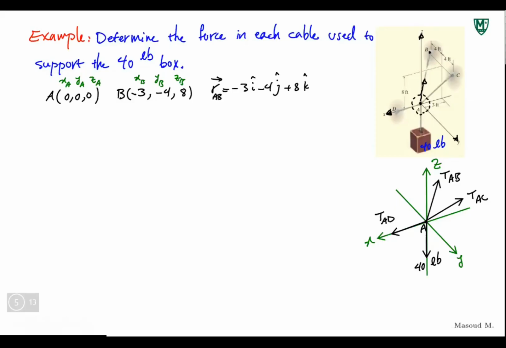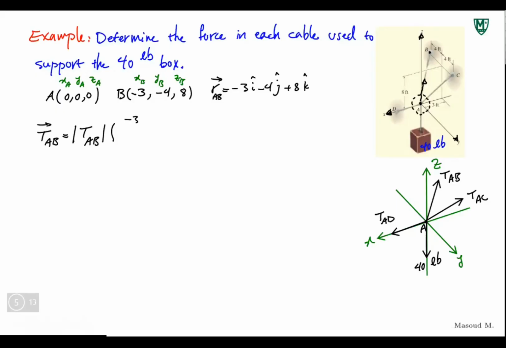Now to make the unit vector, we just divide this by the magnitude. And the magnitude is the square root of the sum of the squares of each element in this vector. Now I'm just going to write everything at the same time. TAB, the force along AB, is the magnitude of TAB, whatever it is, which we want to find, multiplied by the unit vector along RAB.